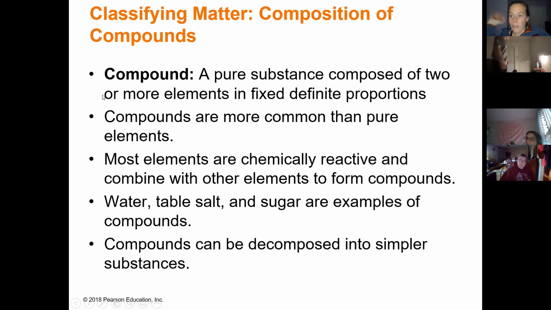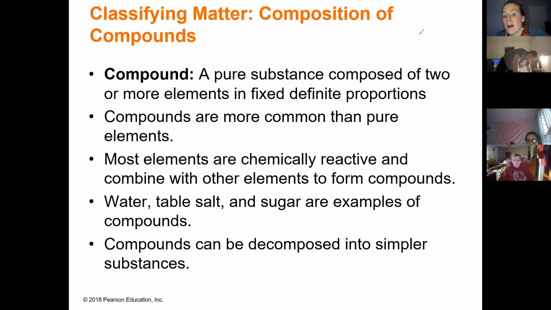And we will get into how they combine and all that stuff later. But for now, you can just know most of the things that we deal with are a compound. And a compound is when we have two or more elements that are fused together and they have a fixed proportion, which means I can write a chemical formula for them.